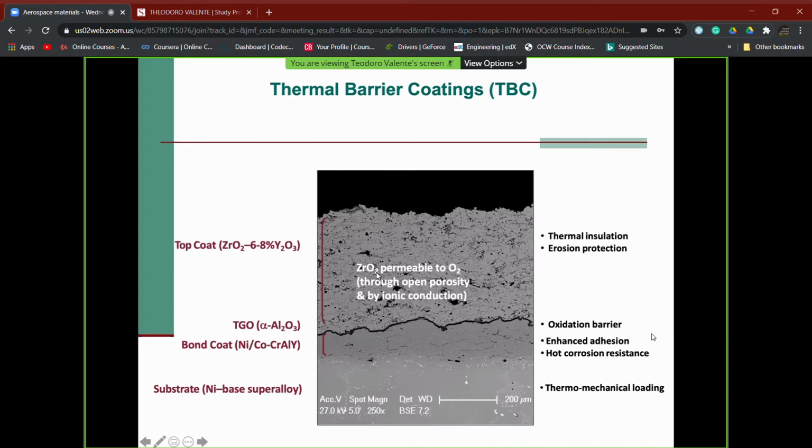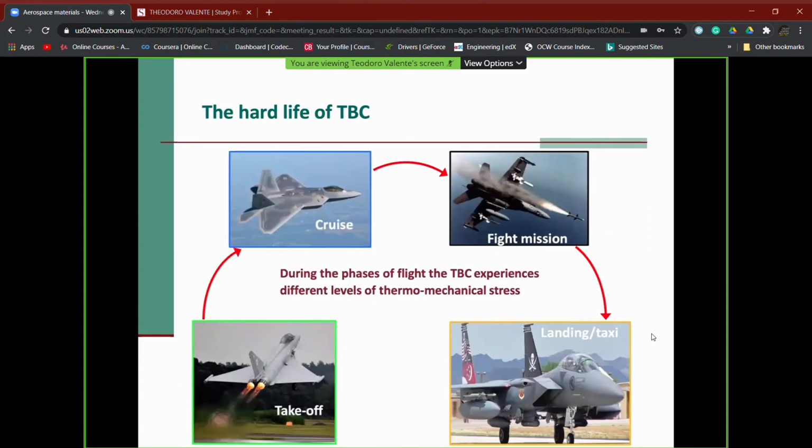So zirconia has oxygen in the formula, so it cannot react anymore with oxygen. And this means that oxidation of zirconia, which is an oxide ceramic material, is not allowed. So these are the main reasons for this configuration of thermal barrier coatings.